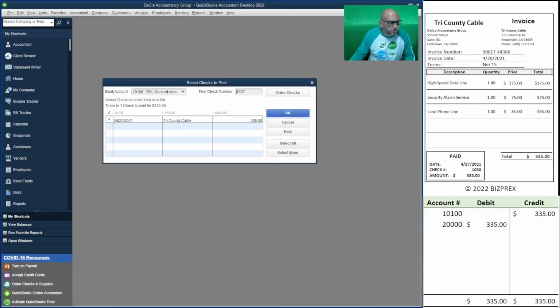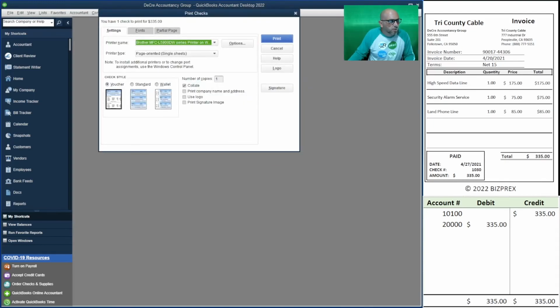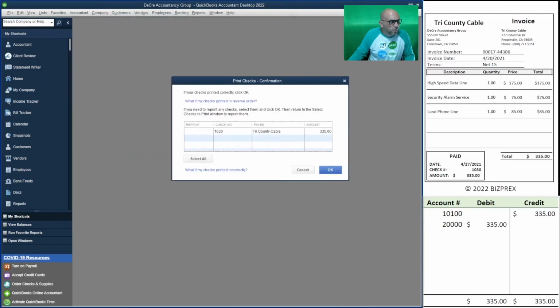Okay, just assign the correct check number. Okay, here it is, right? So it printed, all is good. This amount right here, what it is, it is a credit to 10,100 and debit to 20,000.